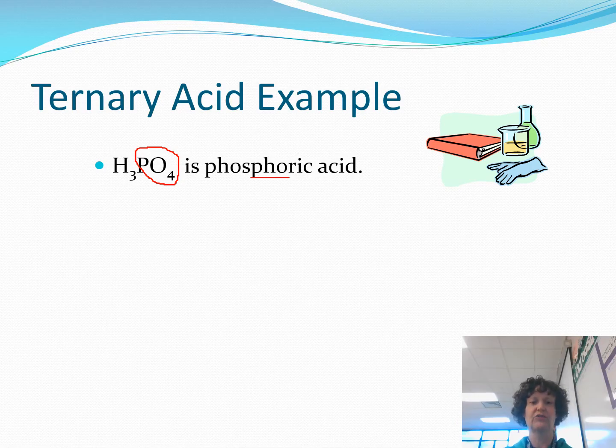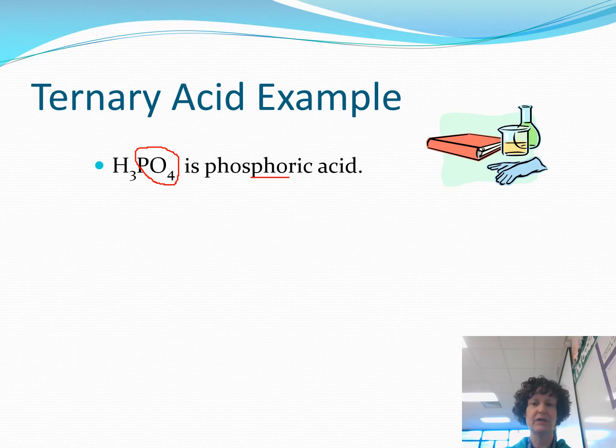So phosphoric acid. And again, we'll be a little flexible with you as you learn how to do this. Okay, so again, phosphate, ate, we change the ending to ic acid. Notice there's no prefixes or anything because this is ternary.